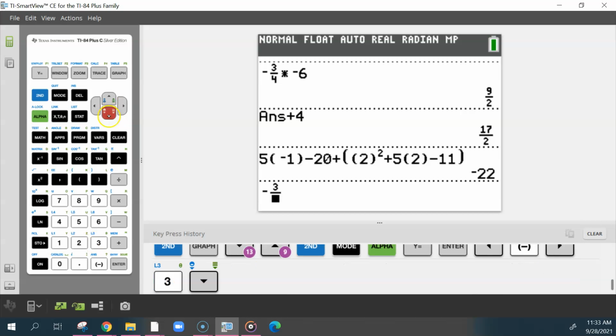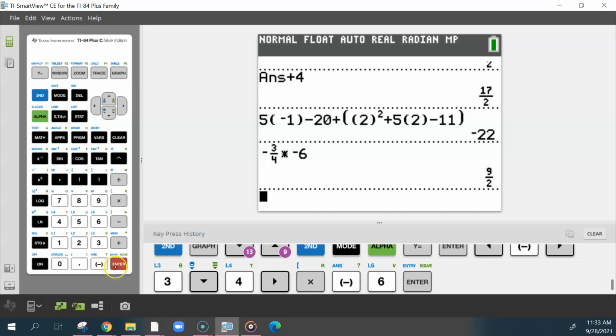Negative. And it will simplify it for you. If you don't put it in fraction form, it's going to give you decimals. Alpha y equals gives you the fraction.